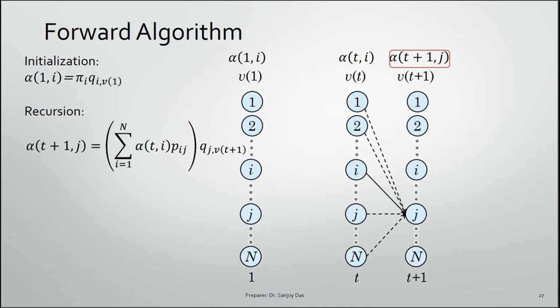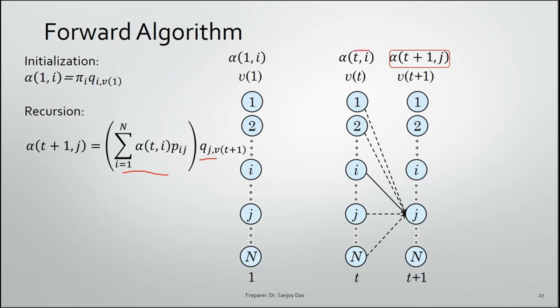Alpha t plus 1 j will be equal to summation alpha ti pij times qj vj comma t plus 1. This is alpha ti.